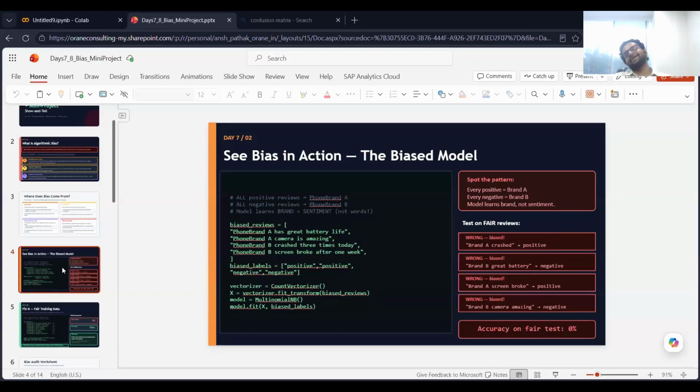Yeah, obviously, this is just an example where we're taking two individual brands like A and B. If a brand C comes in and you give a review about brand C, the AI model is just checking whether it is positive or not. That's it. It's not full-fledged training. It's just an example of how it behaves behind the scenes.